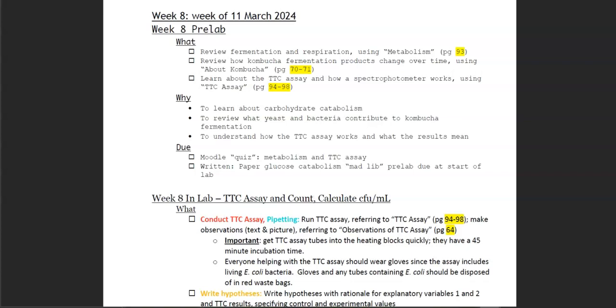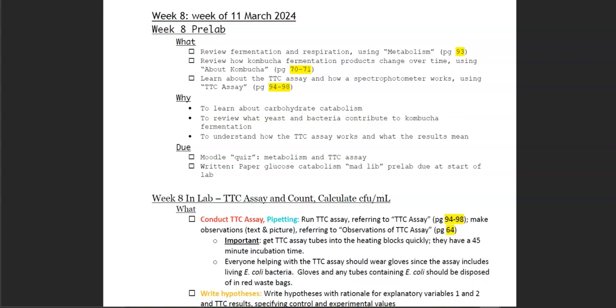The bacteria are very, very finicky and hard to grow. So rather than grow the bacteria, we are instead measuring the amount of acid produced by the bacteria.